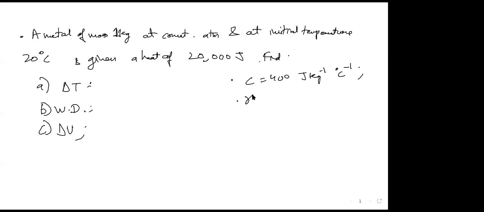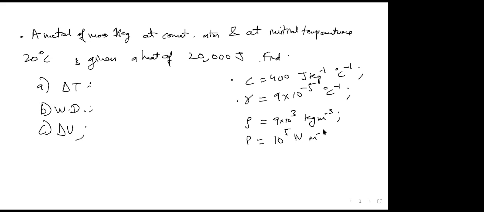Cubical expansion के लिए gamma use करते थे, right? Gamma is equal to 9 into 10 raised power minus 5 per degree Celsius. Density is given to be 9 into 10 raised power 3 kilogram per meter cube, and atmospheric pressure is essentially 10 raised power 5 Newton per meter square. This is all you need.